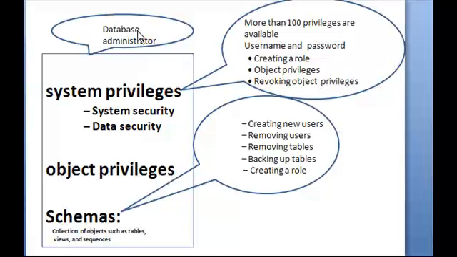The DBA administrator has the highest level of these. The system has some privileges which internally handle shutting down or backing up some activity in the system, which even the DBA does not have access to. So the system has more than 100 different privileges, and the DBA, next to the system, has the highest level of privilege.